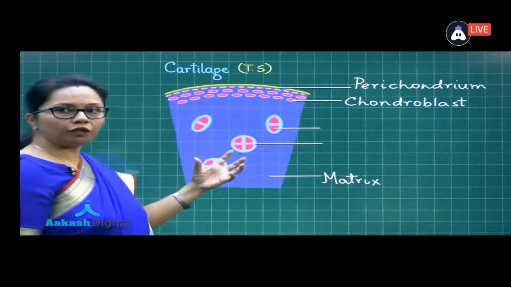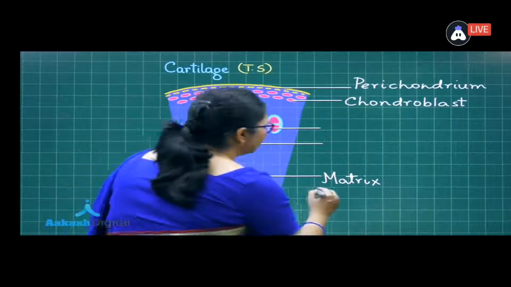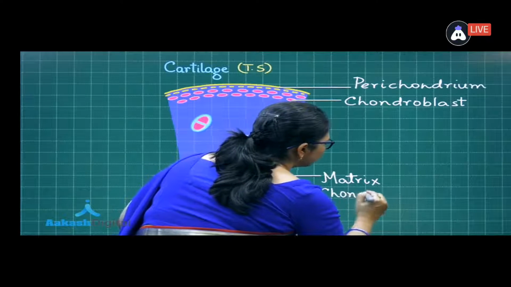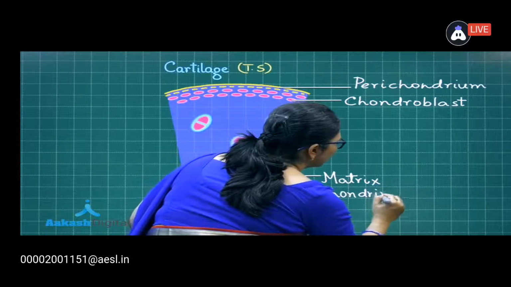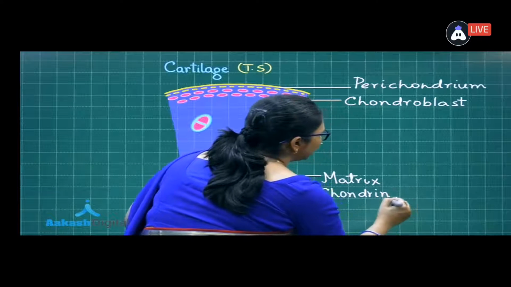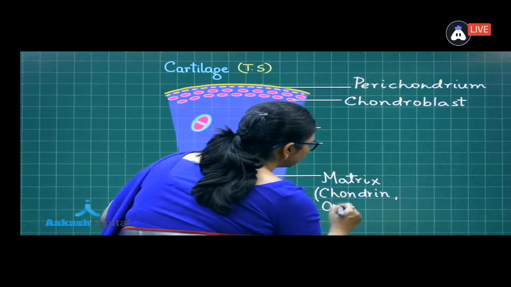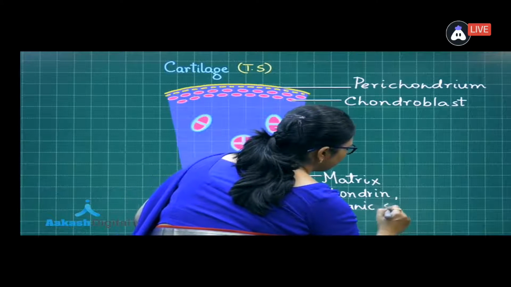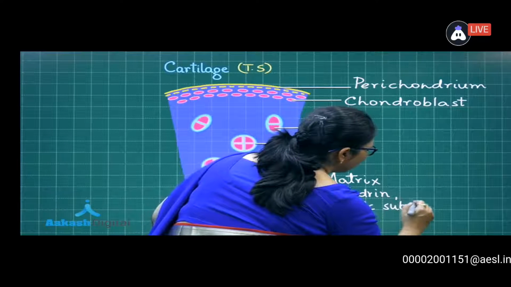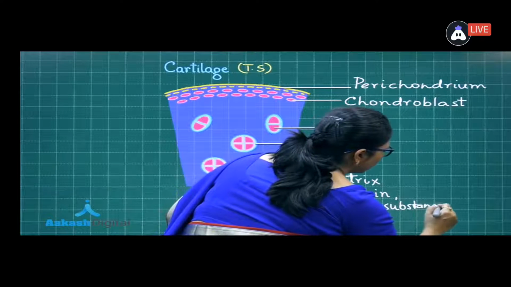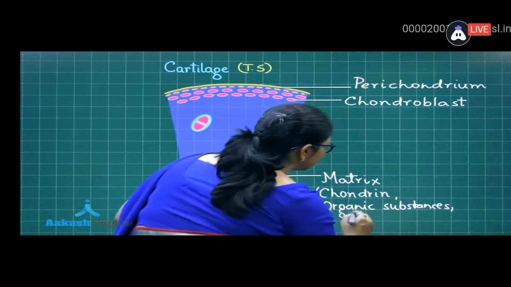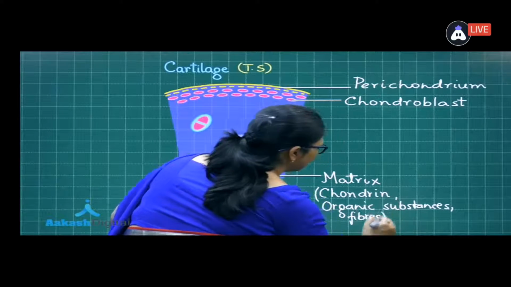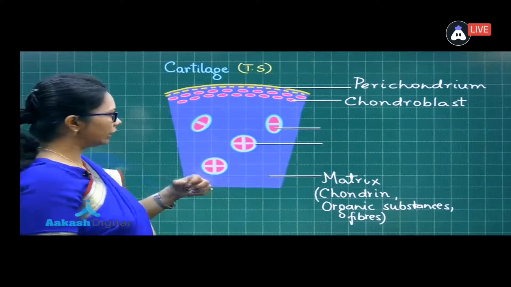And in the matrix of the cartilage there are protein complexes called chondrin, and basically there are a number of other organic substances. Fibers are present in it.